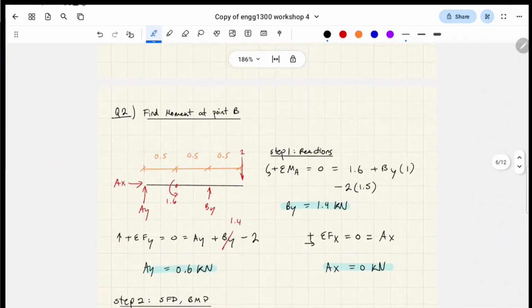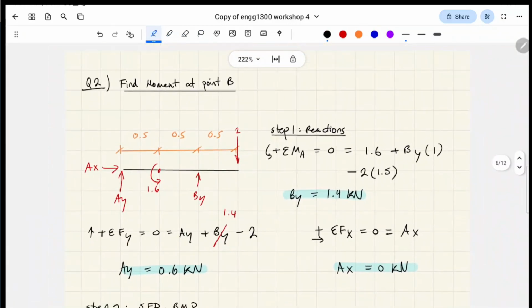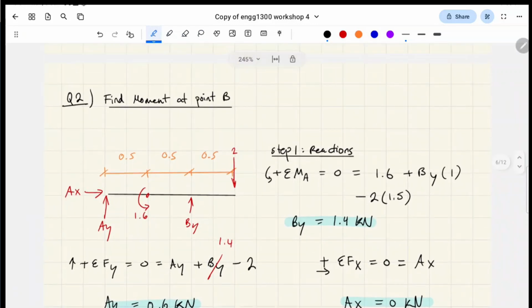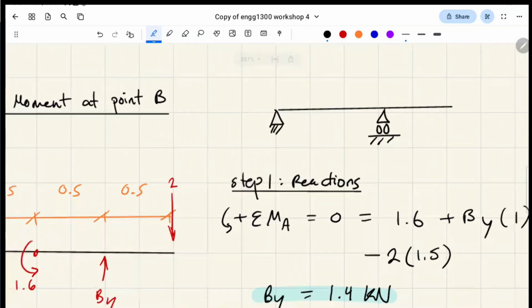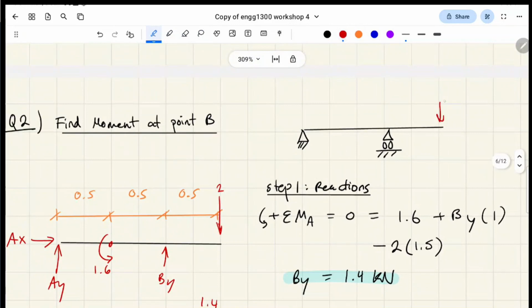All right. So next, the question asks to find the moment at B, and I did a pretty bad job drawing this. So it looks like this, right? And we have a point moment. Have we run into a point moment before?